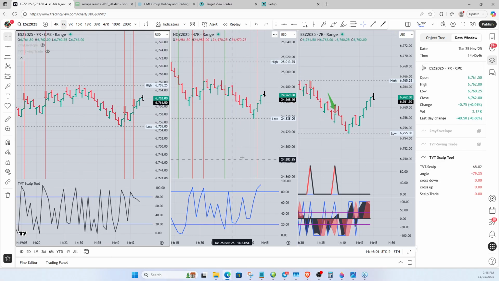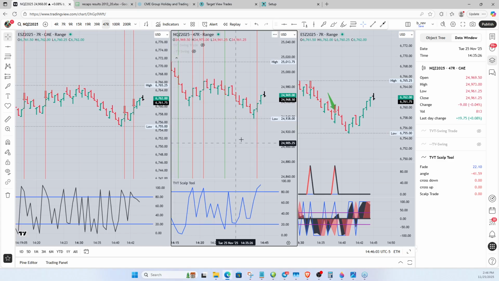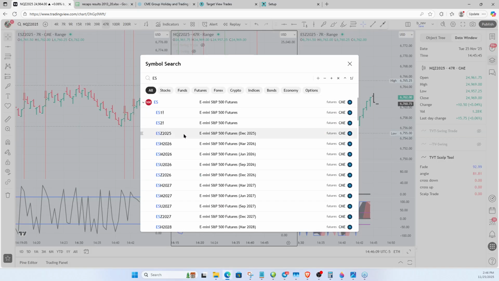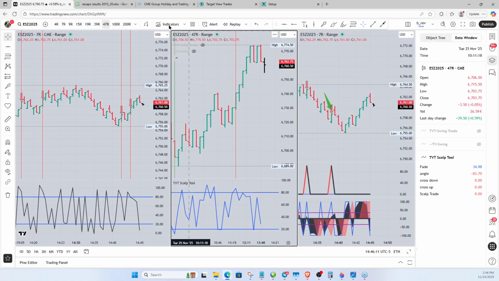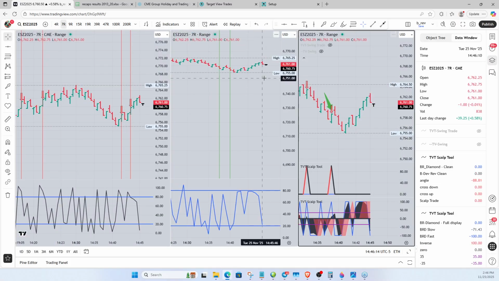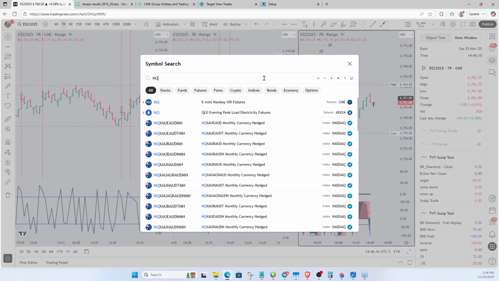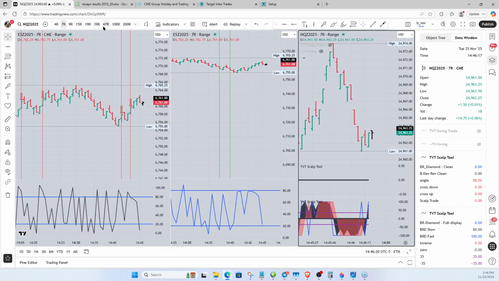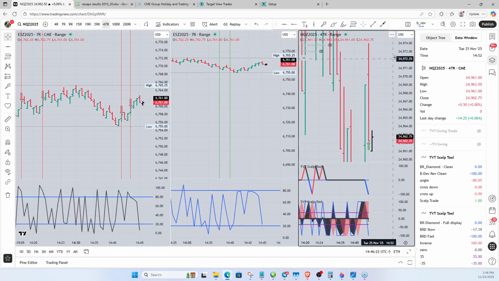As a matter of fact, I can swap these over too. I can make this one be the ES 7 range again. Okay, I'll make that an ES 7 range. I'll make this the NQ Z 47 range.